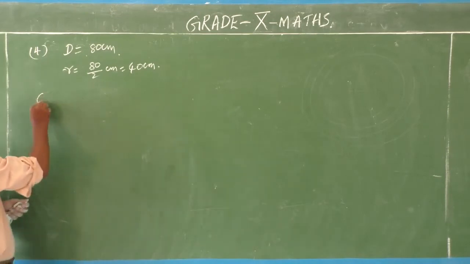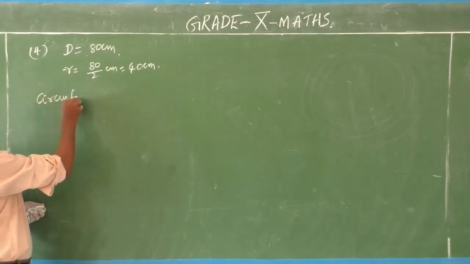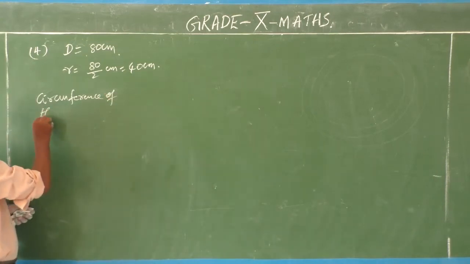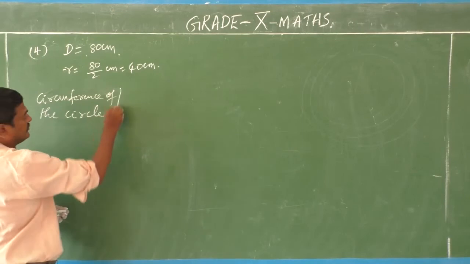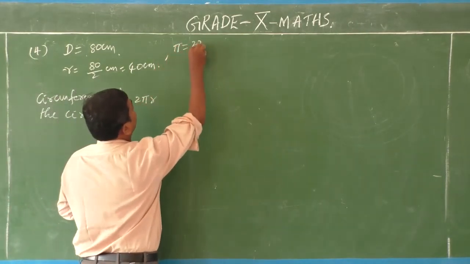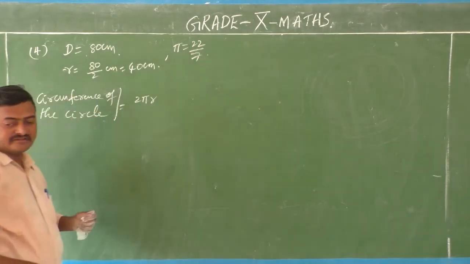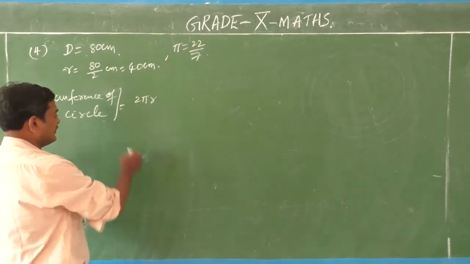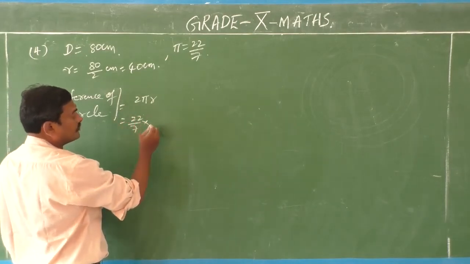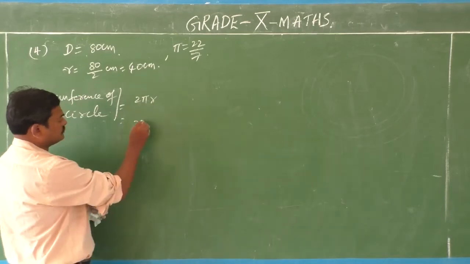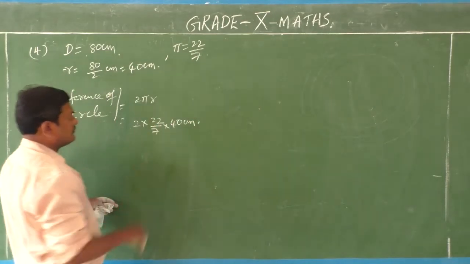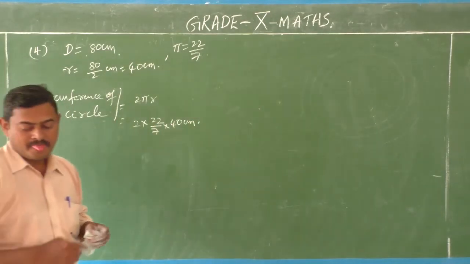Now circumference of the circle equal to 2 pi r. Pi value is 22 by 7, unless otherwise stated. Now 2 into 22 by 7 into 40 centimeter. This is circumference of the circle.